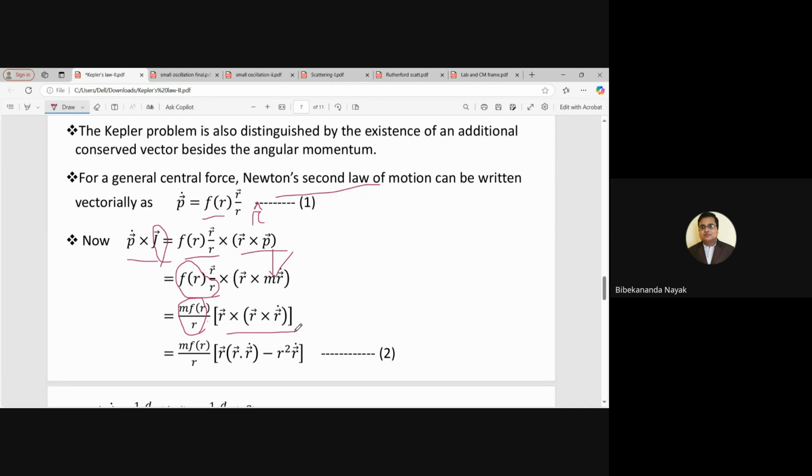There is a general formula for A cross B cross C, equal to B (A dot C) minus C (A dot B).